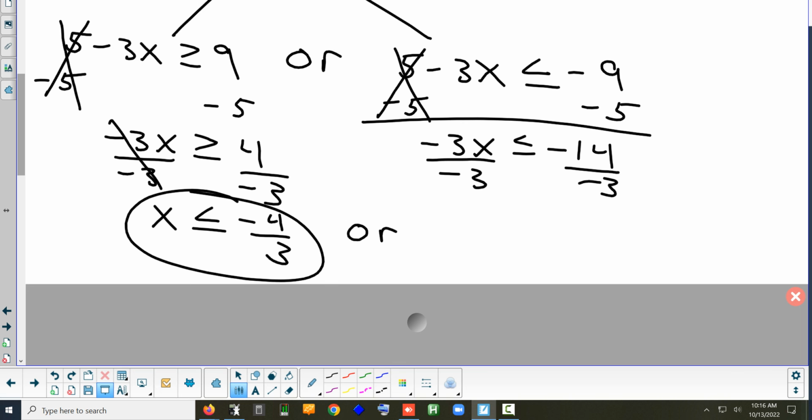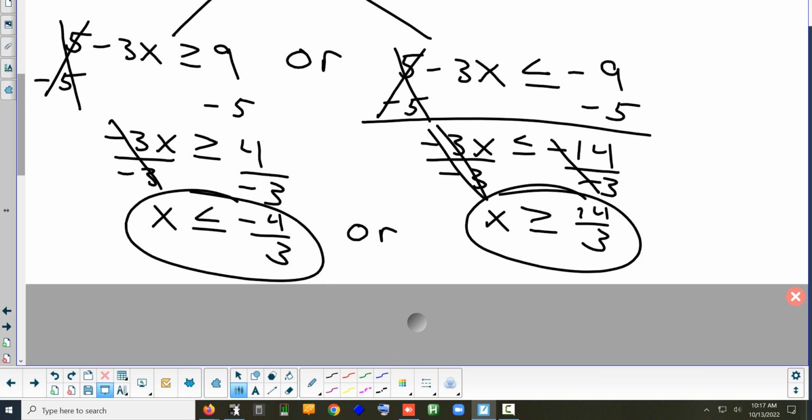Right, we divided by a negative, so we have to flip the sign again. So this one had a lot of times we had to flip it. That's gone. So now on the left we have x, and on the right, negative 14 divided by negative 3. The negatives cancel, but you can just leave it as 14 over 3.